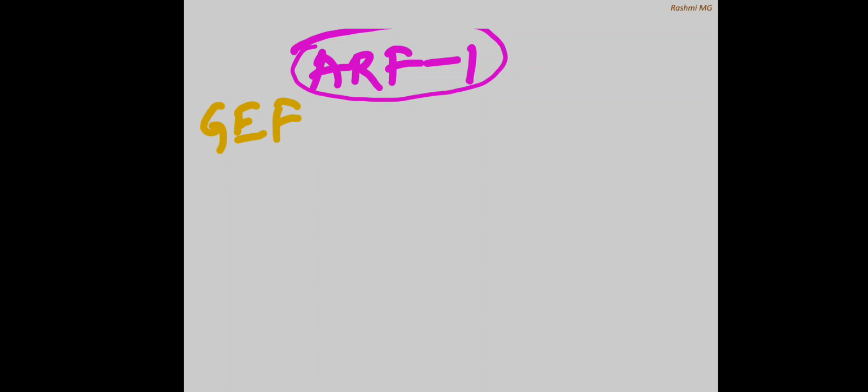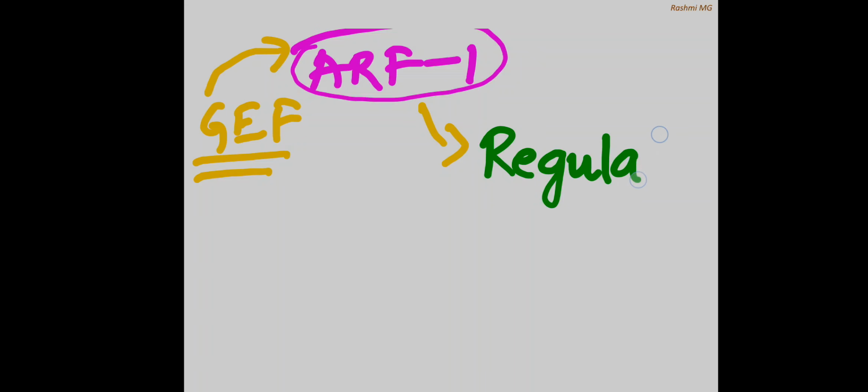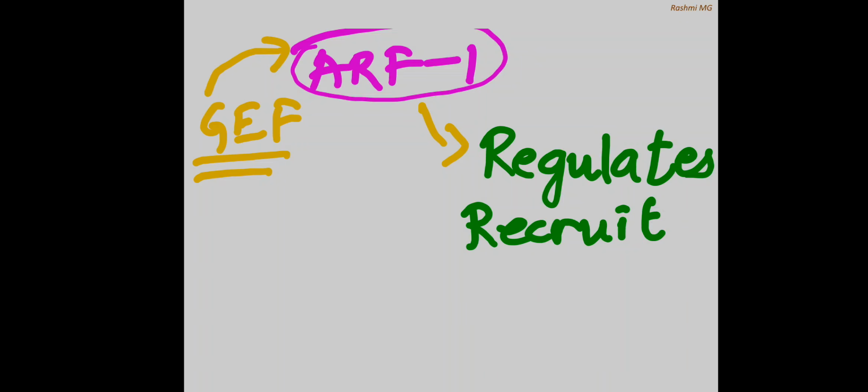GEF activates the ARF1. Why is this ARF needed? ARF regulates the formation of this vesicle. They recruit coatomer.